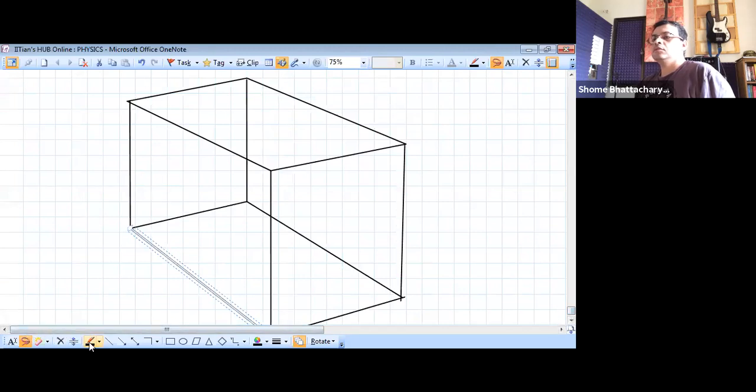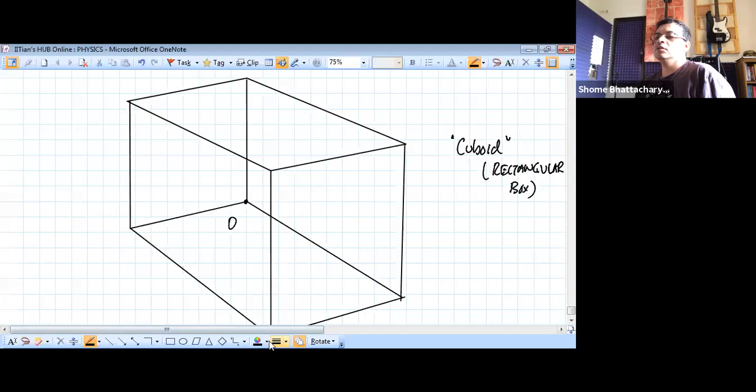This is a cuboid, or a rectangular box. So any one corner of that you imagine is your origin, and correspondingly these edges become your XYZ axis.